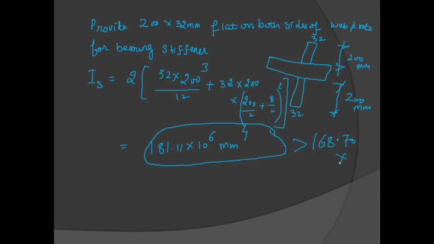The moment of inertia of the stiffener required was 168.70 into 10 to the power 6 mm to the power 4. That is okay, because we had provided a stiffener having more moment of inertia as compared to the required moment of inertia according to the given conditions.